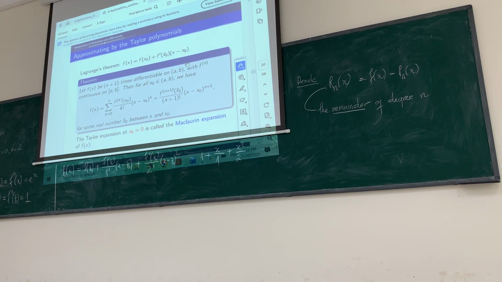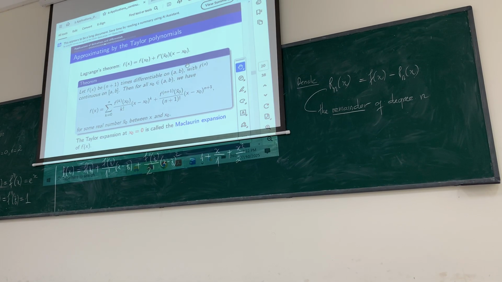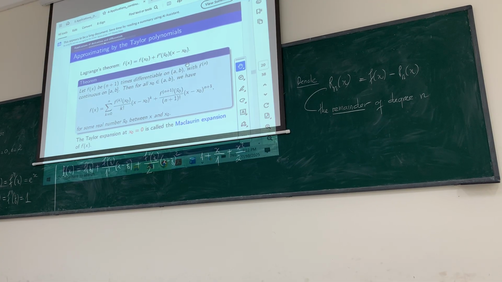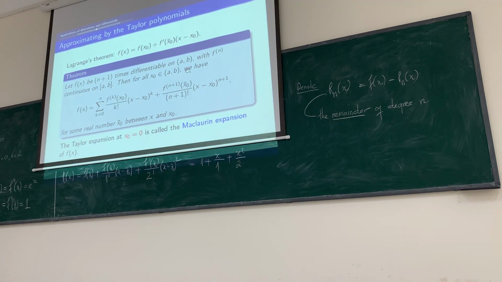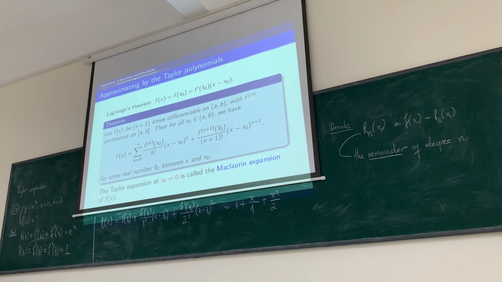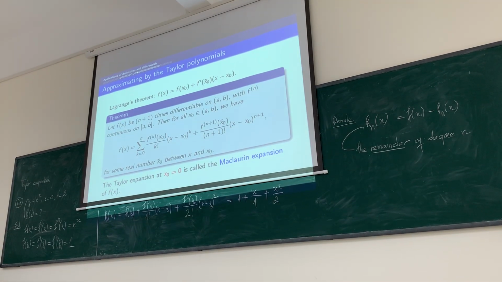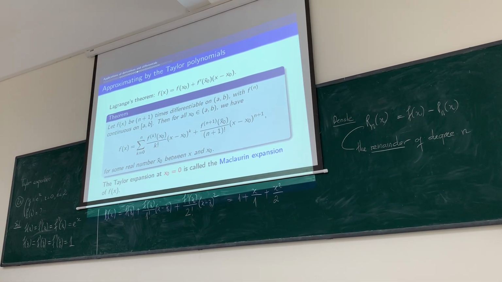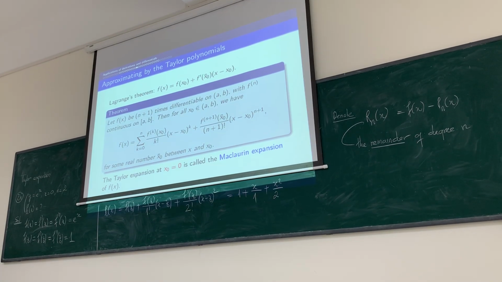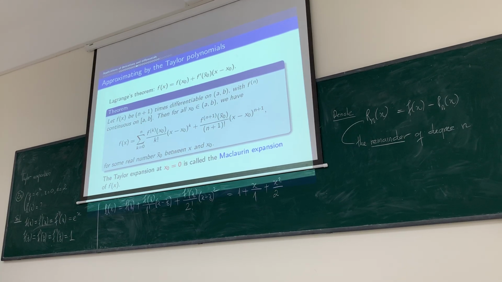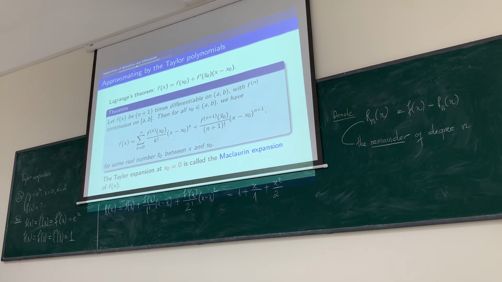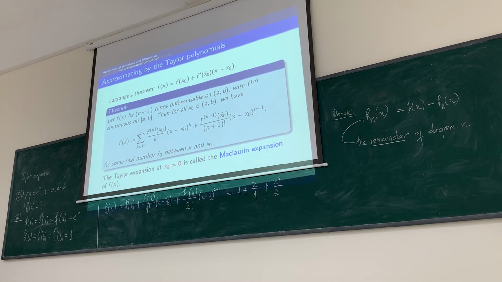Okay, we have the relationship between the function f, the Taylor polynomial, and the remainder. Now let's see the theorem. If f is n plus 1 times differentiable on (a,b), with the n-th derivative of f continuous on (a,b), then for all x0 in (a,b), we have f(x) is equal to the Taylor polynomial plus the remainder.